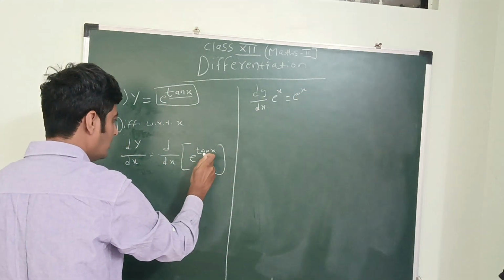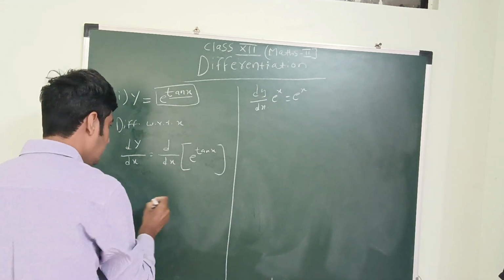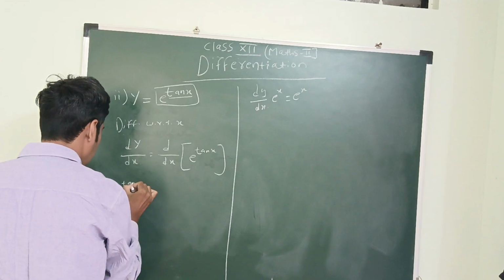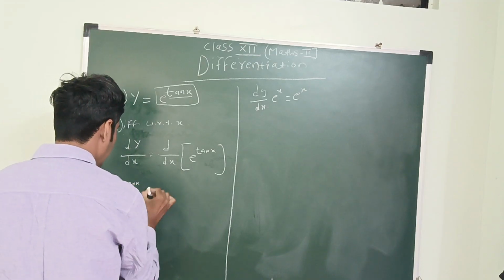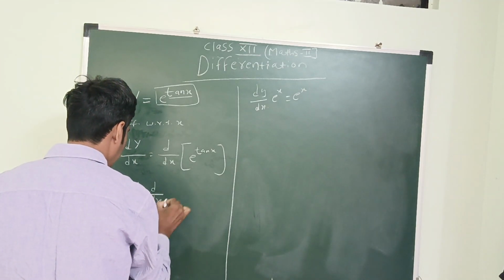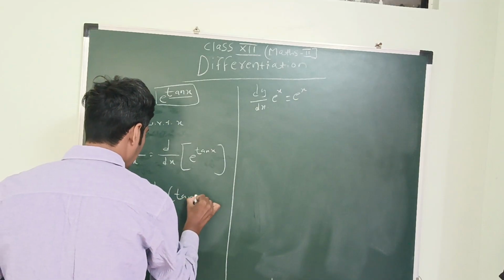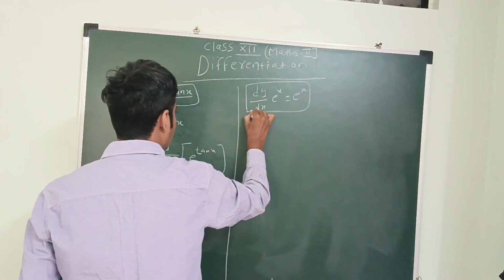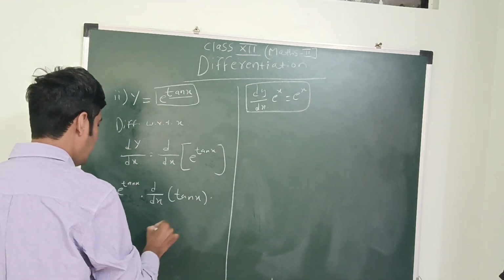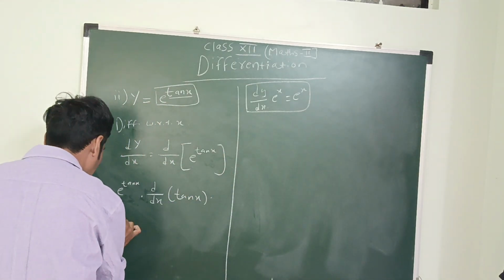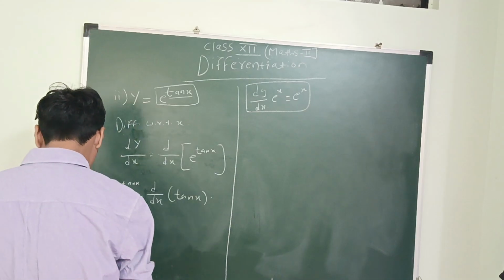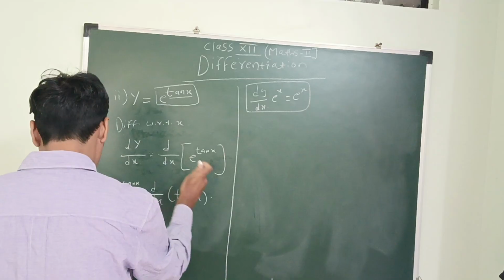So we have to write the whole function as it is, which is equal to e raised to tan x multiplied by d by dx of tan x, which is equal to e raised to tan x multiplied by the derivative of tan x.